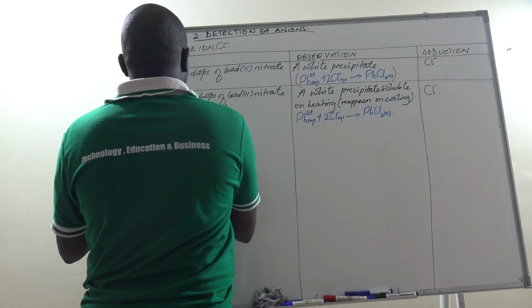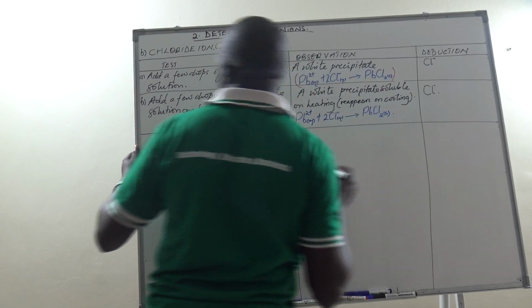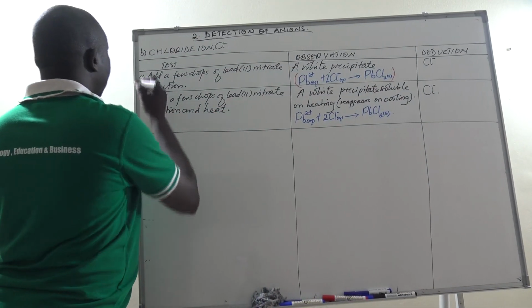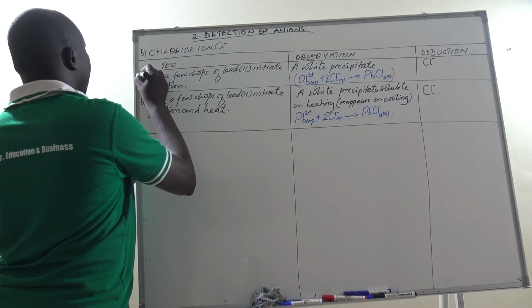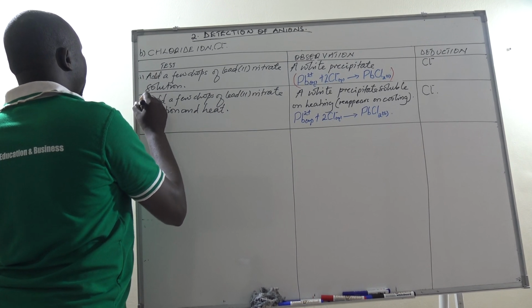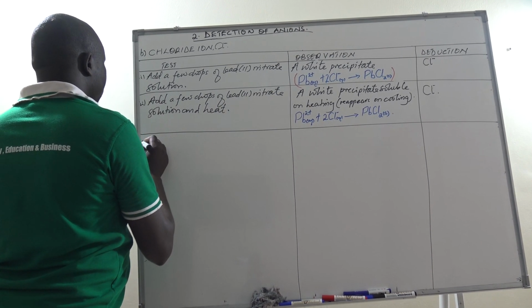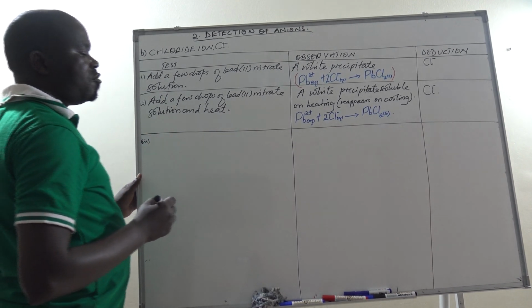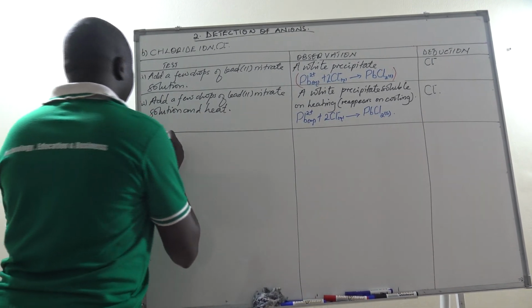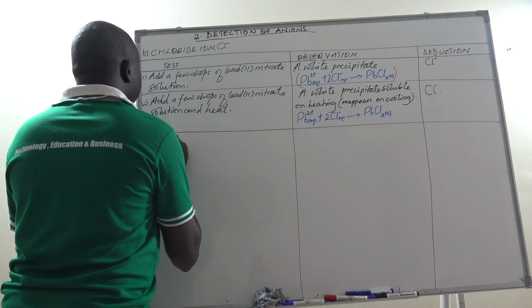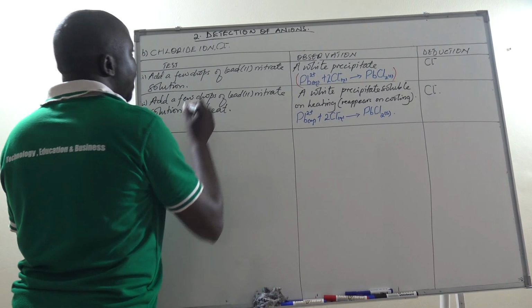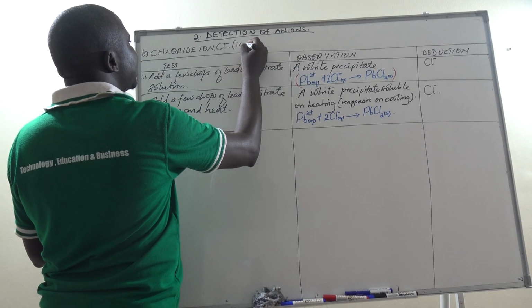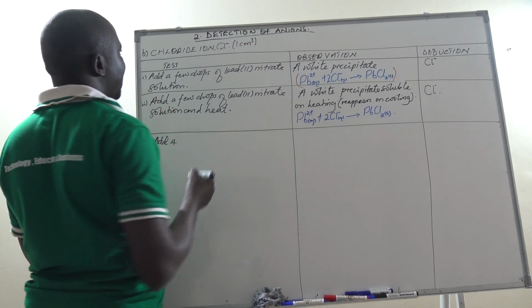Let us go to another reagent that can also be used. Let me use this one as Roman 1, this one as Roman 2. We can also have another reagent that is silver nitrate solution. So we can add, let me be specific in this case, we are dealing with always 1 cubic centimeter of the solution under test.